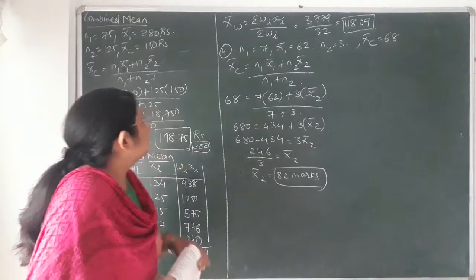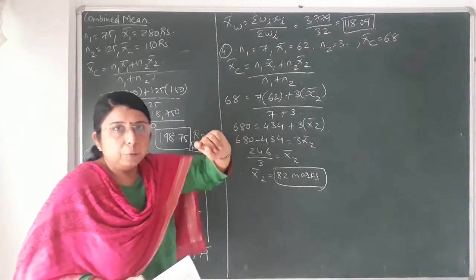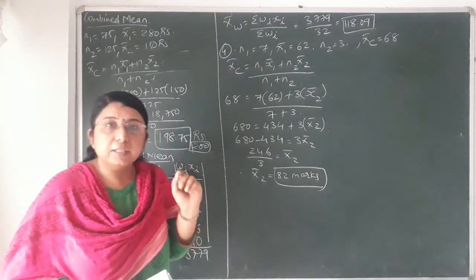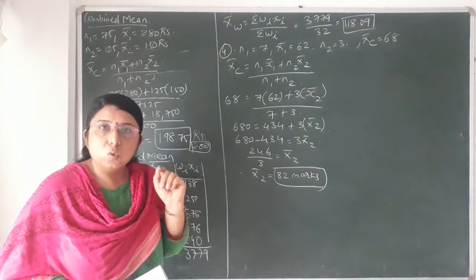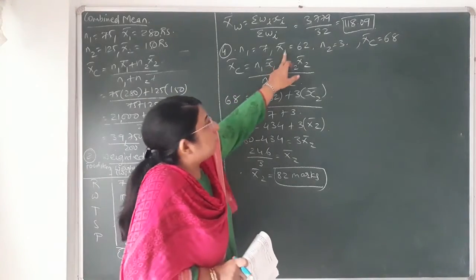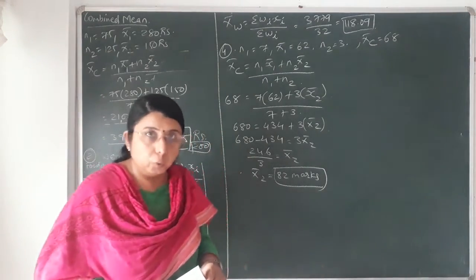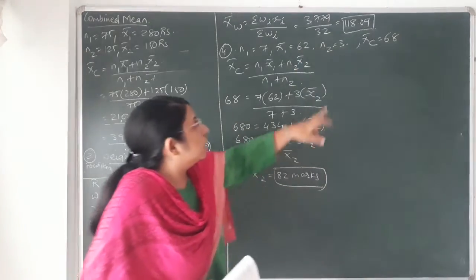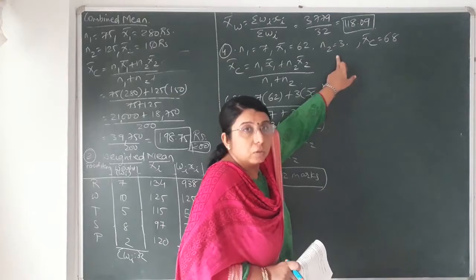Let's see the calculation of the fourth sum. As you can see, first I have written the data given in the question. First, n1, that is 7 theory papers, so n1 is equal to 7. Next, x1 bar, the mean of 7 theory papers, is given as 62, so x1 bar is equal to 62. Next data given is 3 practical papers, so n2 I have taken as 3.